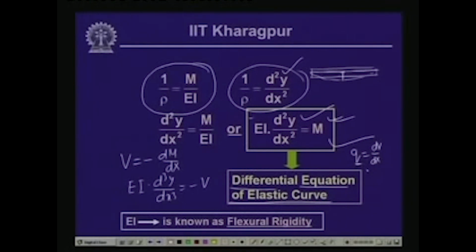So, if we take the derivative of this, we get EI d4y dx4 equals minus q, and this we saw last time while deriving these governing equations, wherein EI is a parameter which we call flexural rigidity.